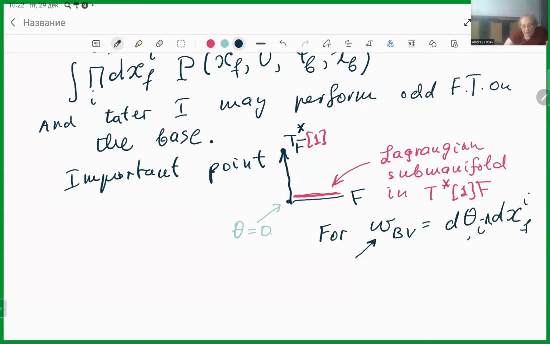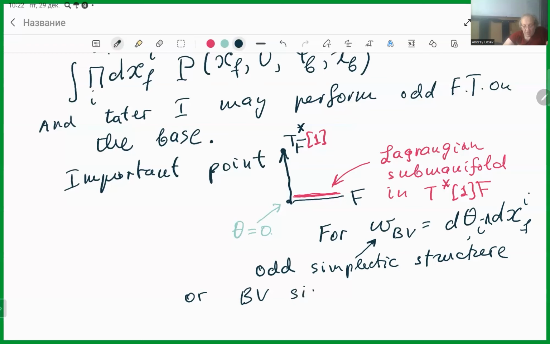And this is an odd symplectic structure, or BV, Batalin-Vilkovitsky symplectic structure.